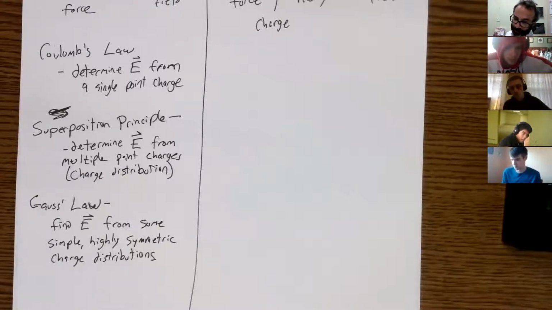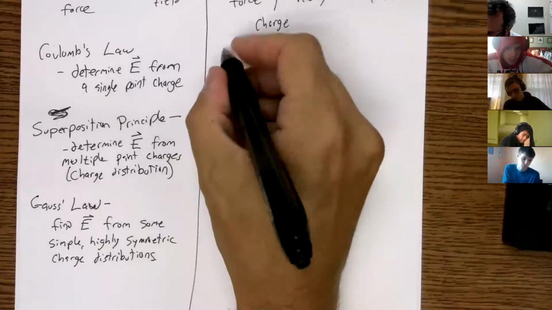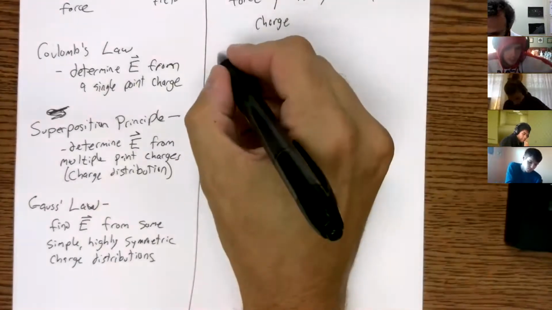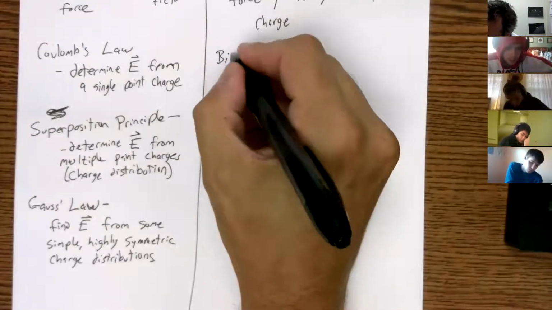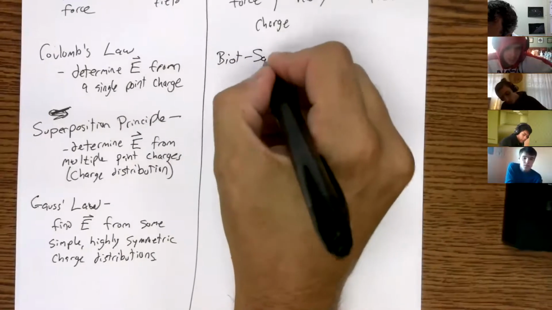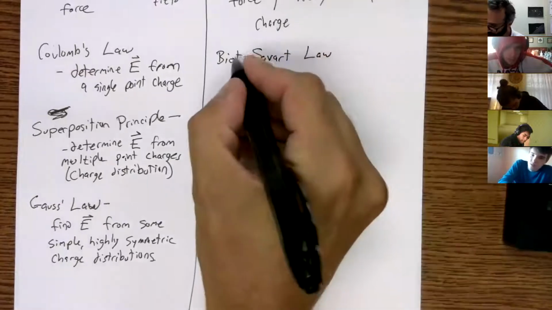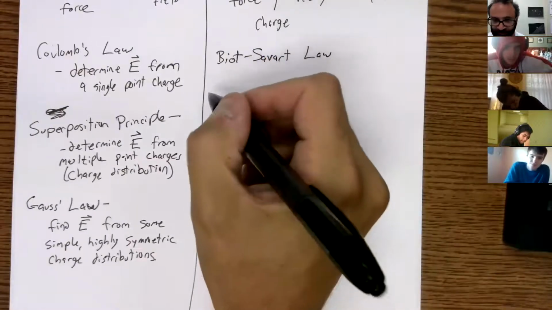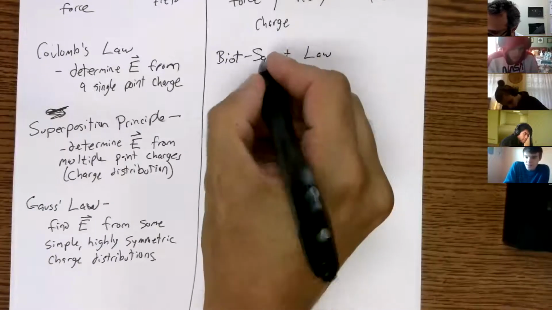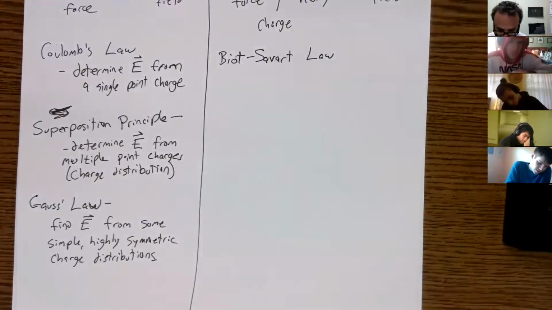We have something similar on the magnetic side. We're going to learn on the magnetic side the Biot-Savart law. Biot, I'm not even sure if it's Biot or Biot. Biot-Savart law is what I usually say.